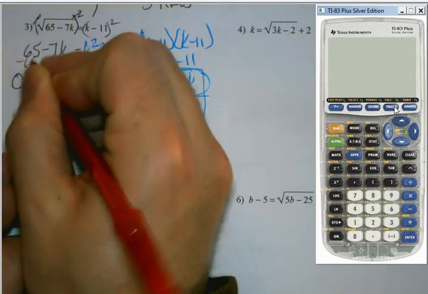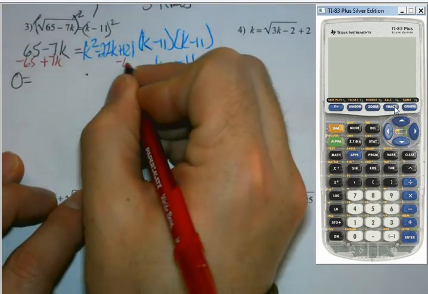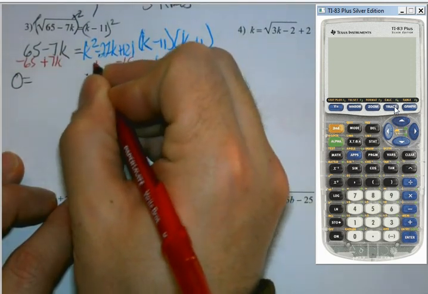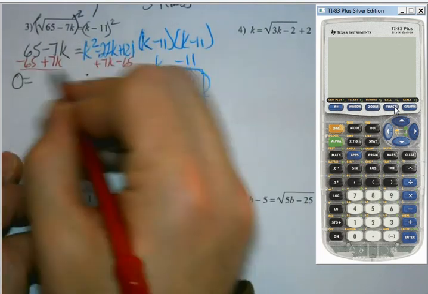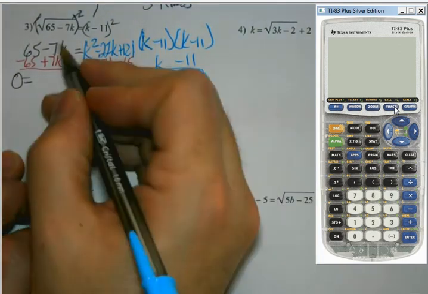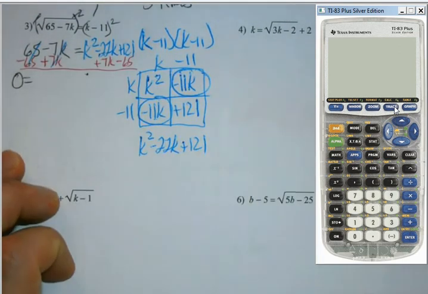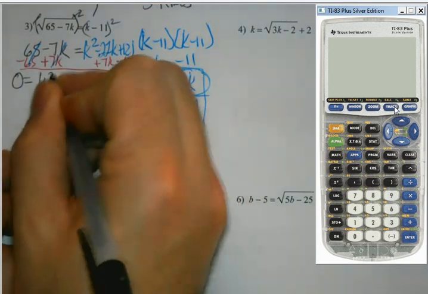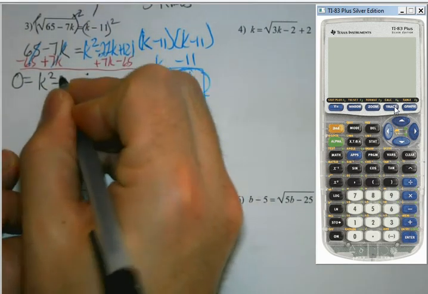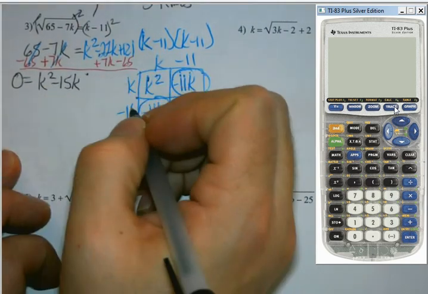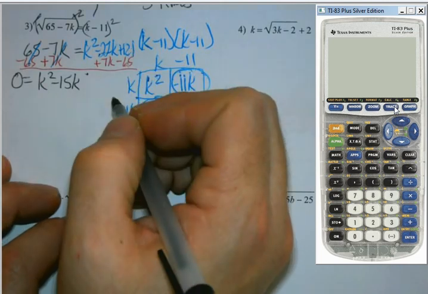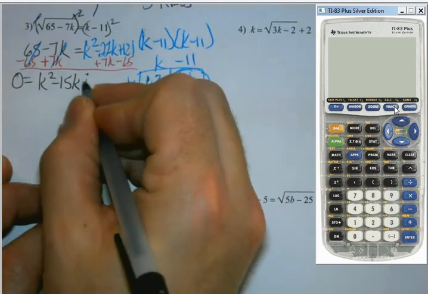We're just going to do this here, like I said, kind of as a test to see if the calculator's gone crazy or if we actually have something to work with here. So those cancel. So let's see, negative 22 plus 7 is negative 15k. 121 minus 65 is 56.